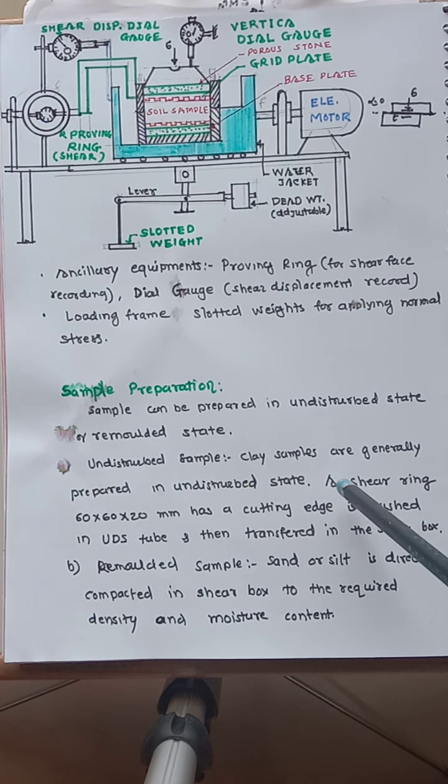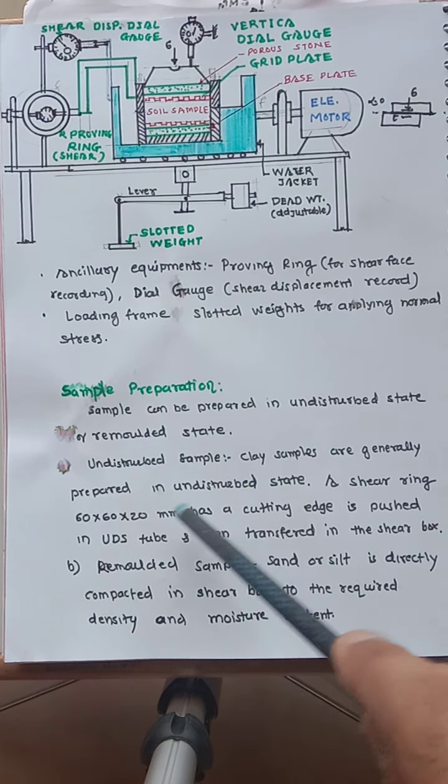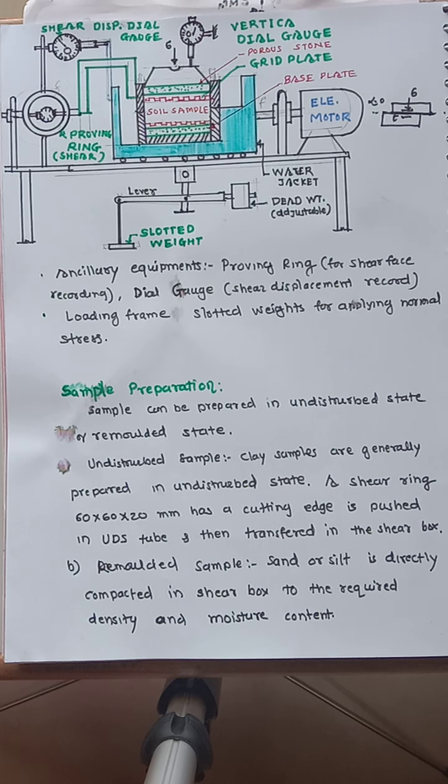These samples are obtained from the site in UDS tubes, and there is a separate shear ring with a sample size of 60 by 60 by 20 mm. It has a cutting edge, and UDS tubes are like your core cutter. They are covered with wax obtained from the site during soil investigation. Then this ring presses inside and cuts it without any disturbance.